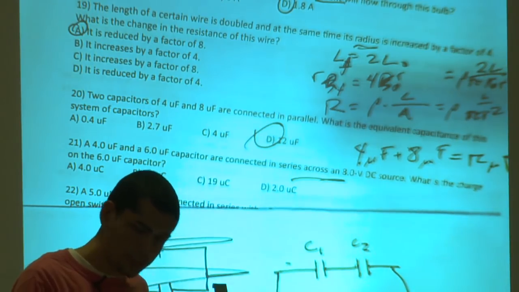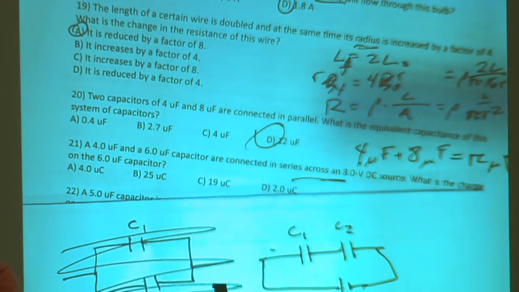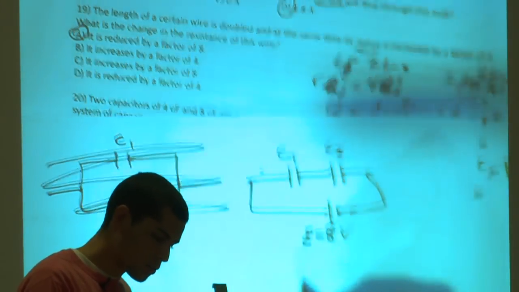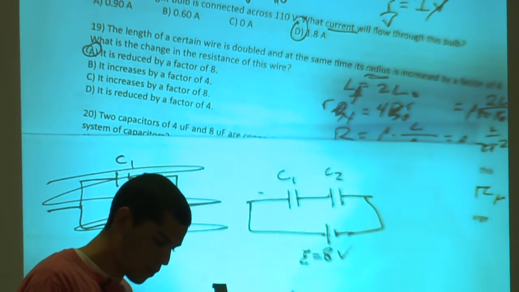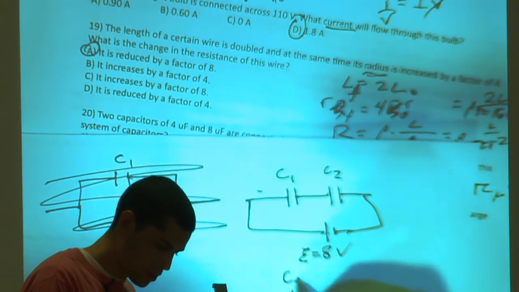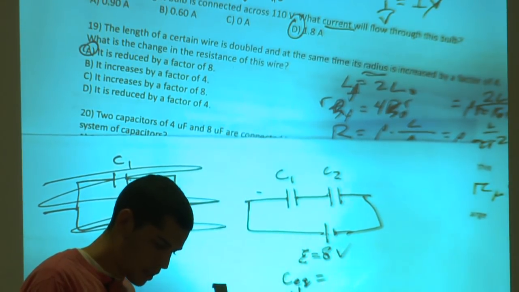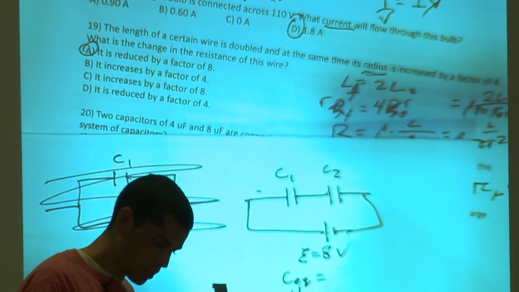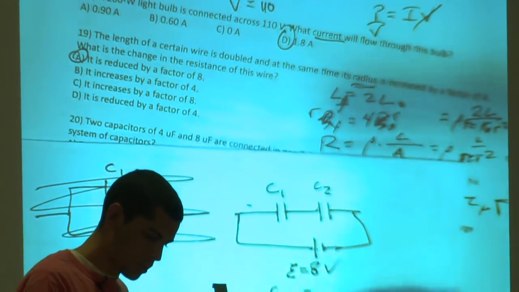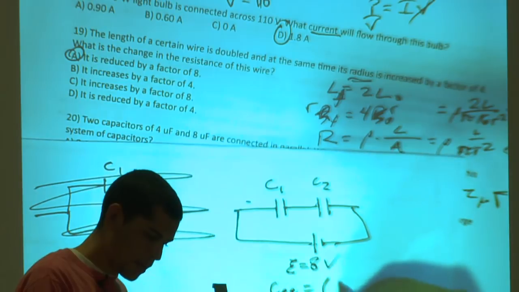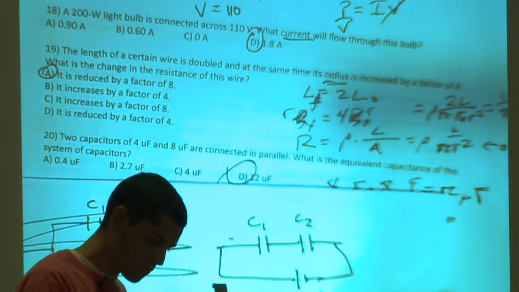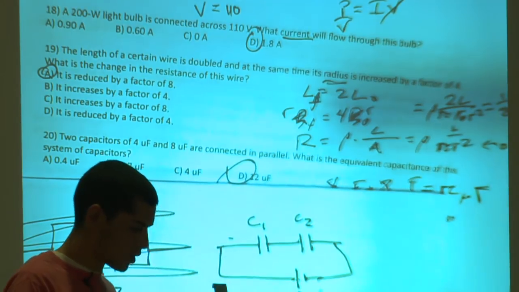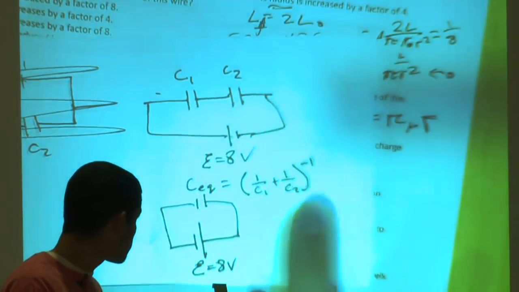What we like to do for this kind, this very simple version, is get an equivalent capacitance, C equivalent. We know this is still 8 volts. So our C equivalent will be 1 over C1 plus 1 over C2, inversed, right?